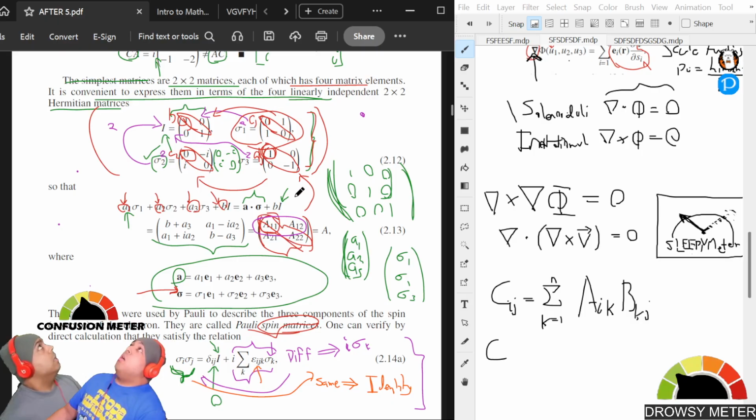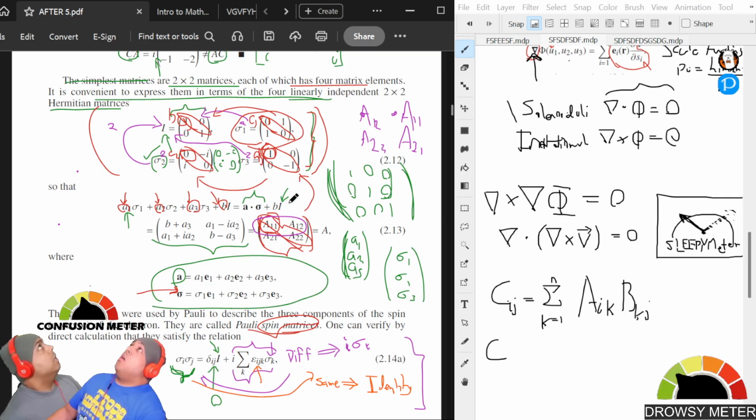This times this is 0, this times this is 1, 2. So A1, 2, the second element should be this times this, A1, 1, this times this, A2, 2, this times this, A2, 1.